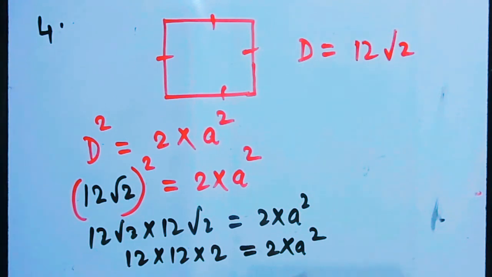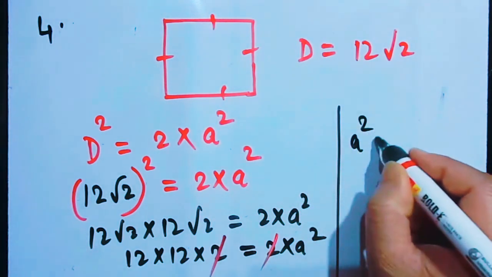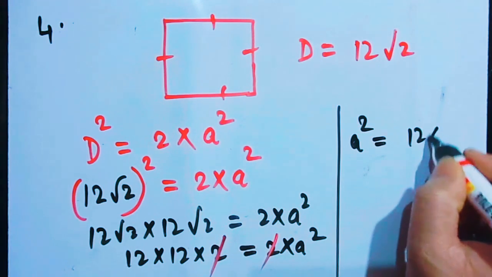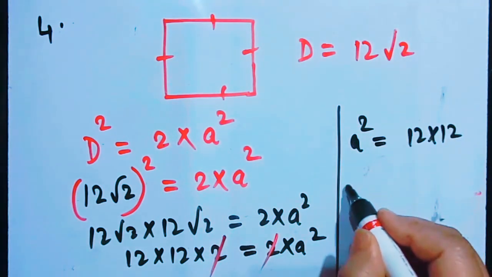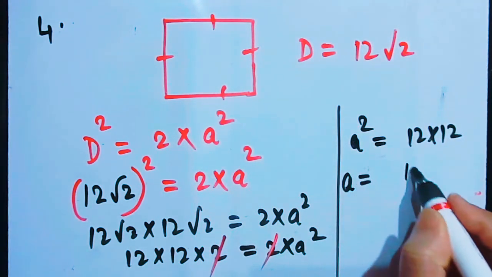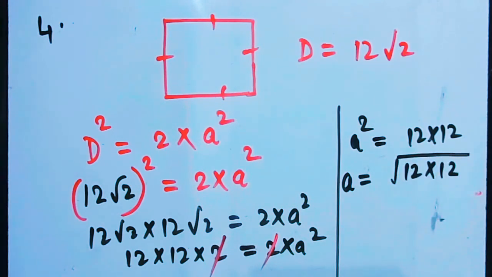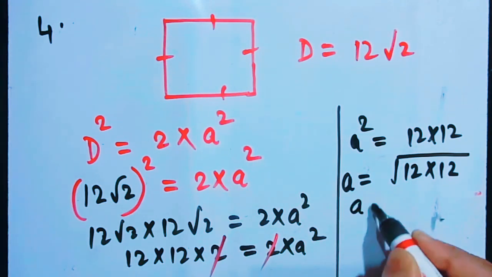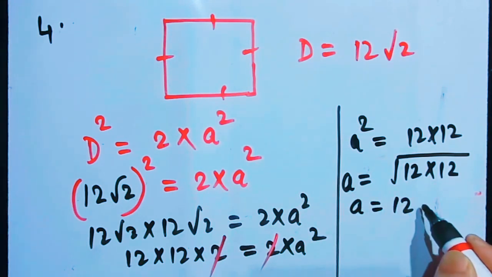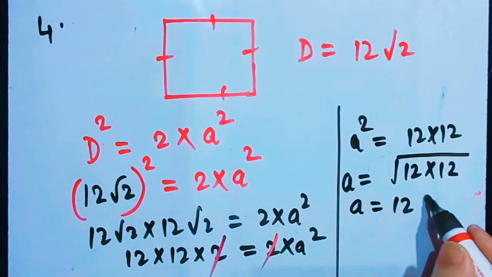Here you can cancel this 2 and 2 and you will get a square is equal to 12 into 12. So the value of a will be the square root of 12 into 12, since the square goes to the other side as a square root. So a will be equal to 12 centimeter.